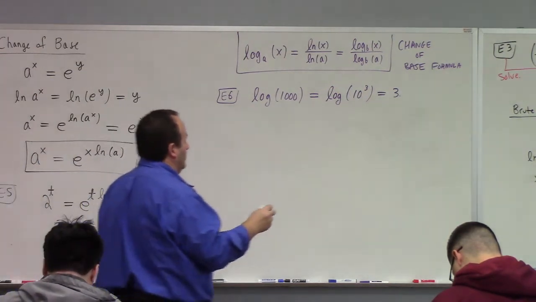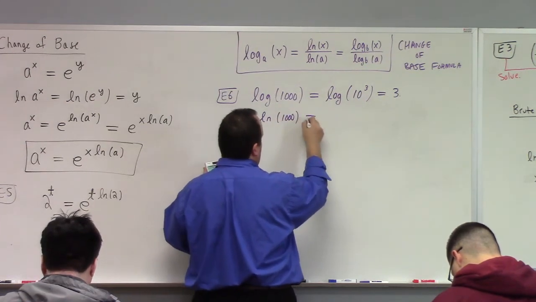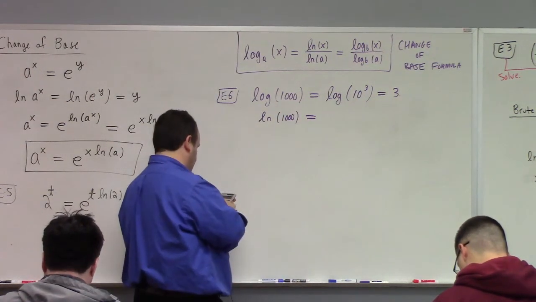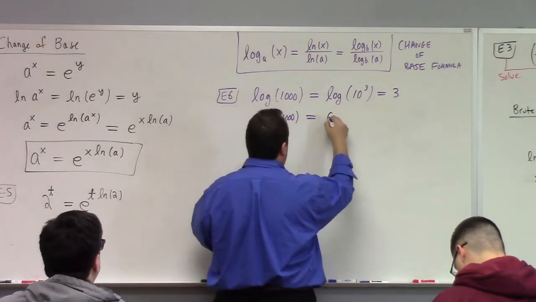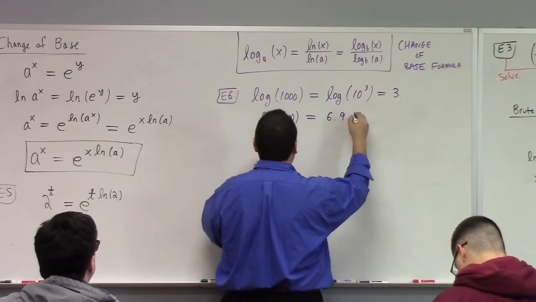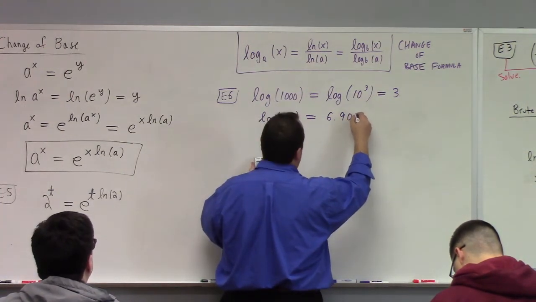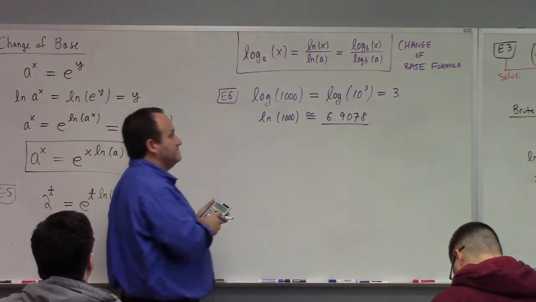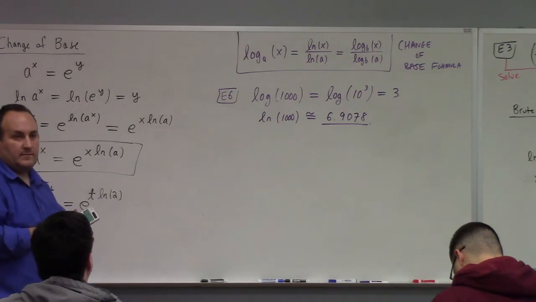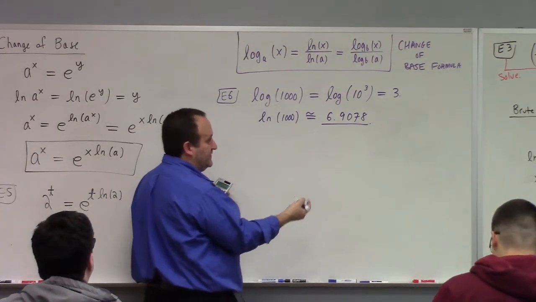If I do natural log of 1,000, that will give me 6.90777, so I'll say 6.9078, approximately. All right, so how are these related? We can see the change of base formula in this.